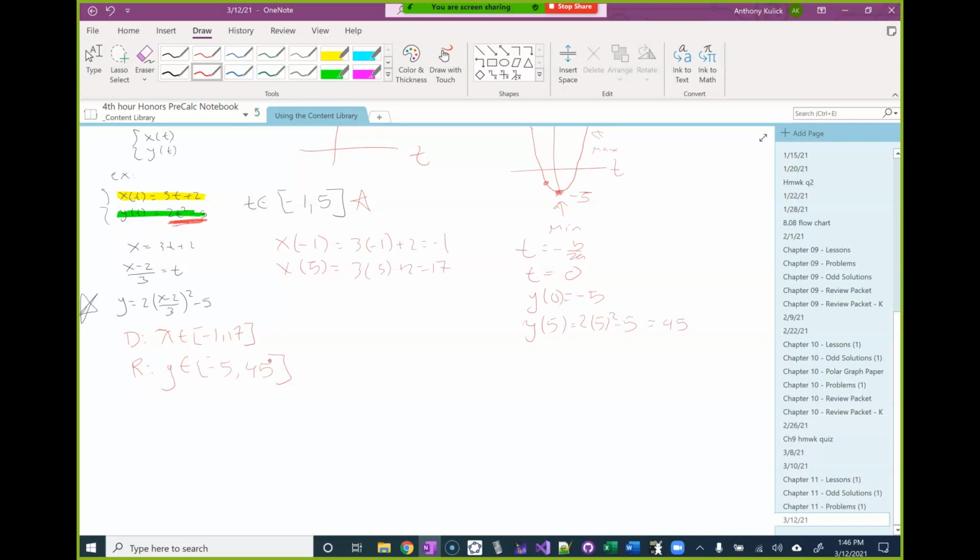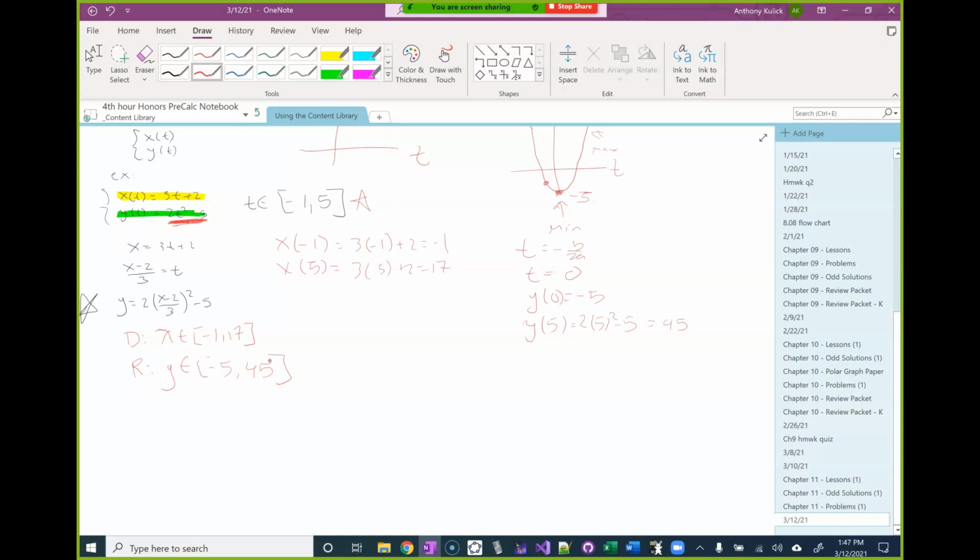So again, what I'm doing is I'm taking my parametric function and finding the minimum and maximum values for the x coordinate by using the values that t is defined on, and then the minimum and maximum for the y coordinate using the values that t is defined on.